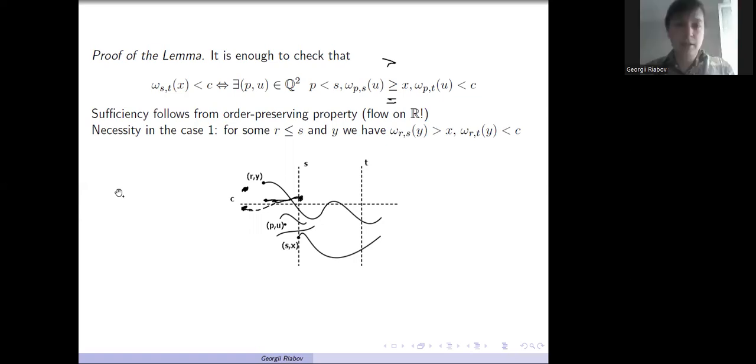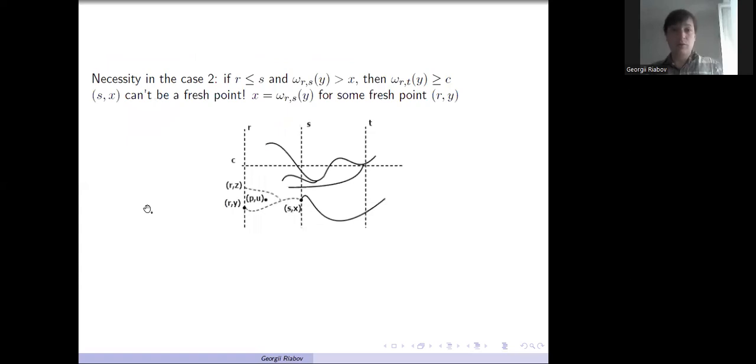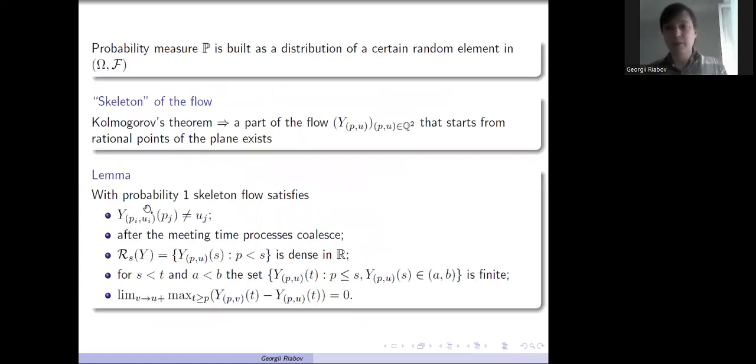As a result, we obtained the space of coalescing flows with nice measurability properties. Now we need to build the probability measure on this space. And to do this, we will define a random element in this space with a proper distribution.